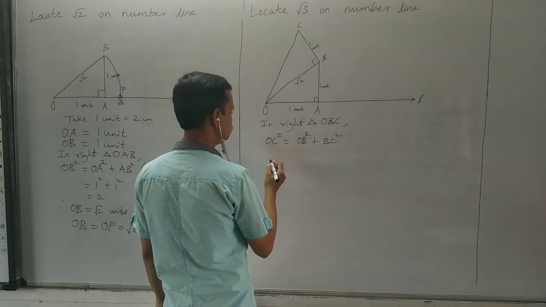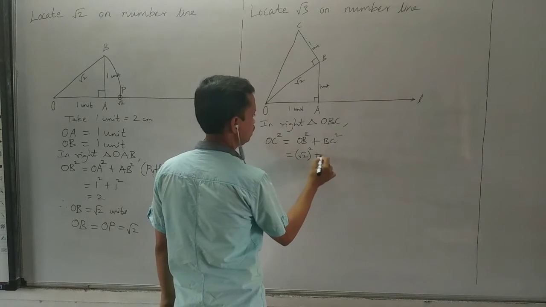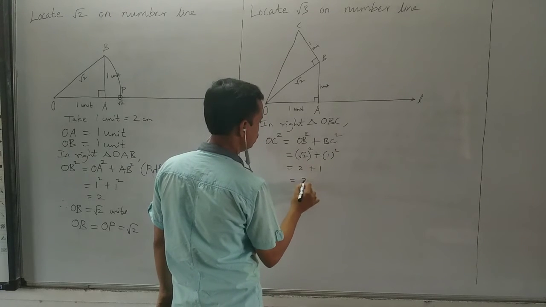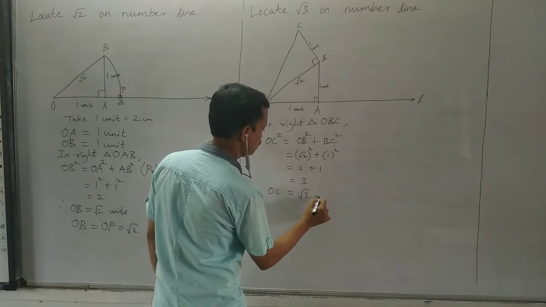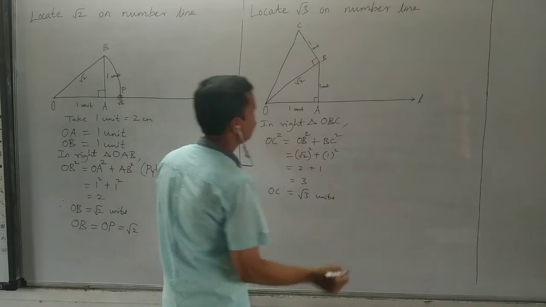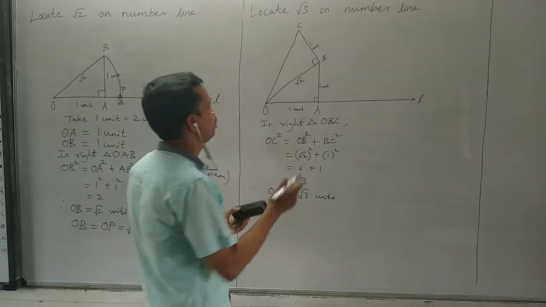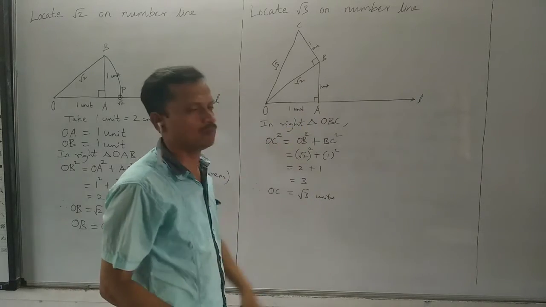So you apply root 2 whole square plus 1 square, and this becomes 2, this becomes 1, and you get 3. Therefore, OC equals root 3 units. Geometrically, we got that OC is root 3, and we have to locate it on this number line.